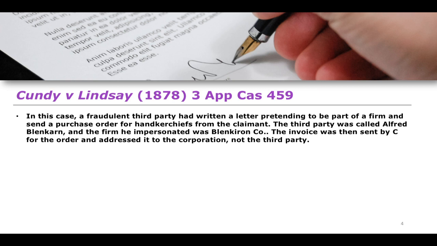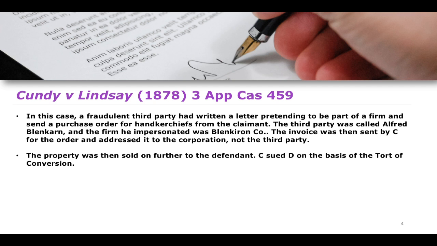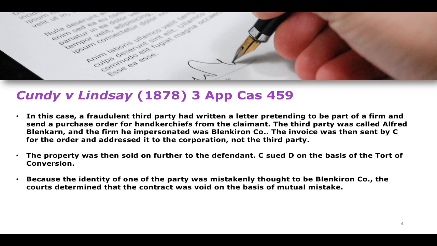The invoice was sent by the claimant for the order, and it was addressed to the corporation, not the third party. The property was then sold on to a further defendant, at which point we see litigation taking place where the claimant sues the defendant on the basis of the tort of conversion.